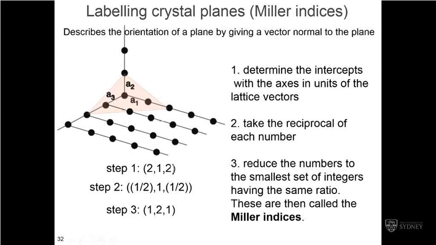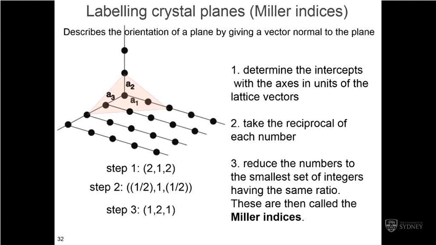Okay, and the second step, we take the reciprocal of each of these numbers. So the reciprocal, you get a half, 1, and a half, but that's really messy, and it's not in the proper notation yet because they have to be integers, remember? So we want to find the smallest integers such that we keep the ratio the same.